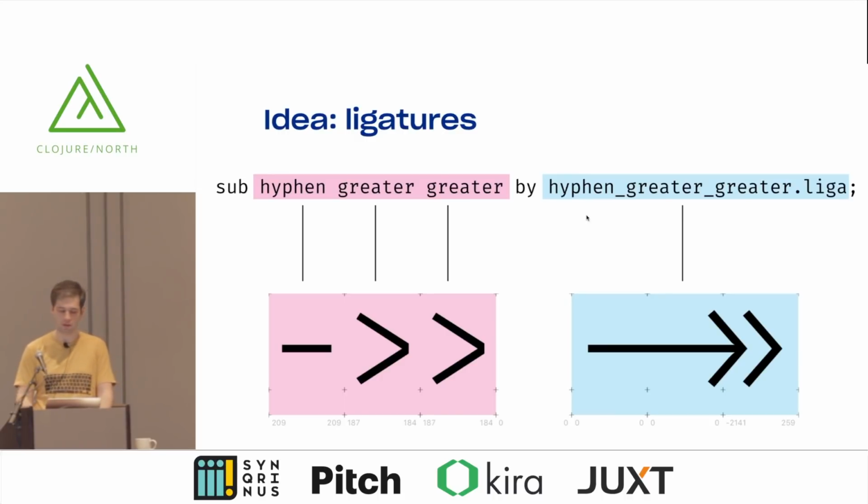In this case, you just tell it that if you see a hyphen and a greater-than sign, then replace it with a single glyph that is this nice-looking arrow. So that's basically the whole font: these new shapes and a bunch of these commands. And the editor supports that. Most text output libraries, if they're good enough, support that. So you can use it almost everywhere.